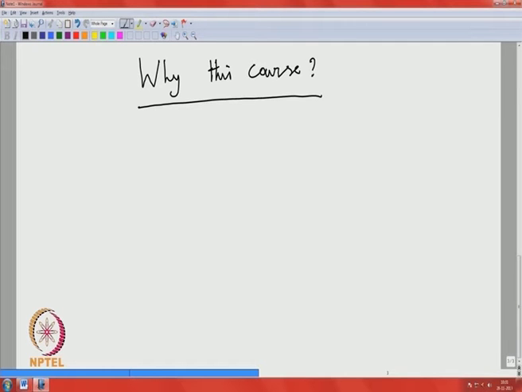So, let me continue a little more with this introduction to differential equations. The beginning of differential equations is attributed to Newton and Leibniz after the invention of differential and integral calculus.